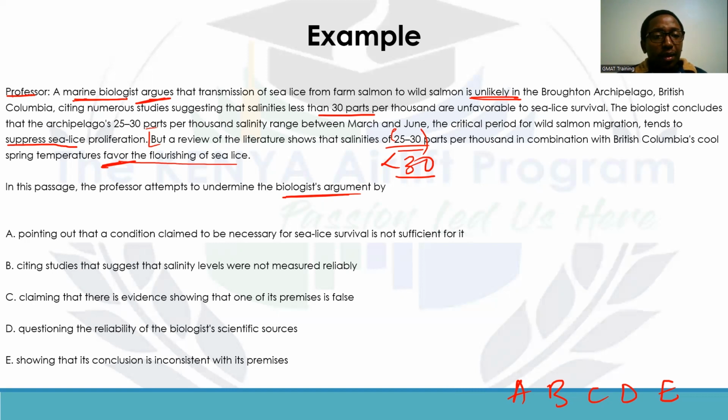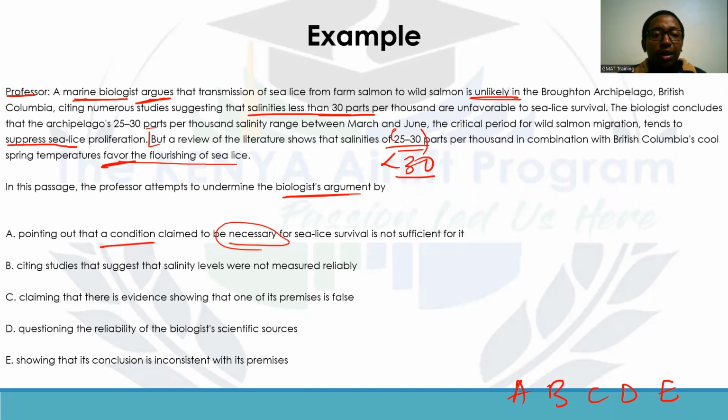So going on to our answer options. A, pointing out that a condition claimed to be necessary for sea lice survival is not sufficient for it. So what condition was mentioned by the marine biologist to be necessary for sea lice survival? Remember, the marine biologist said that the transmission is unlikely, citing numerous studies suggesting salinities less than 30 parts per thousand are unfavorable.